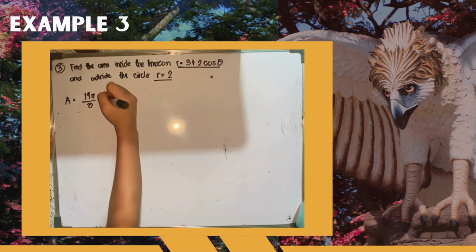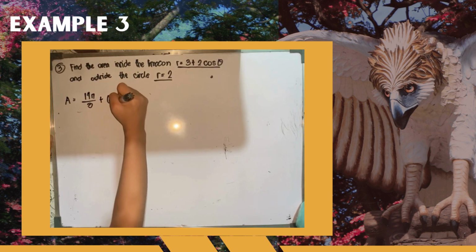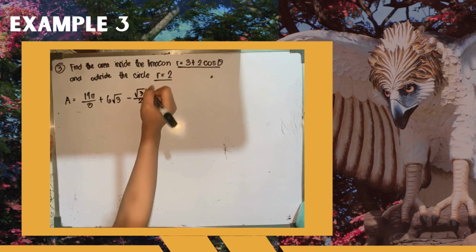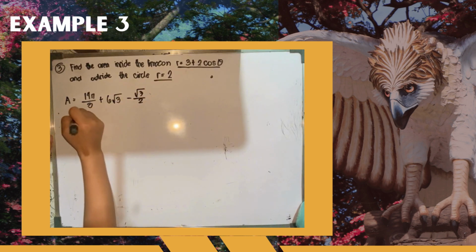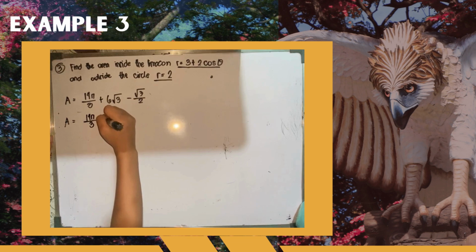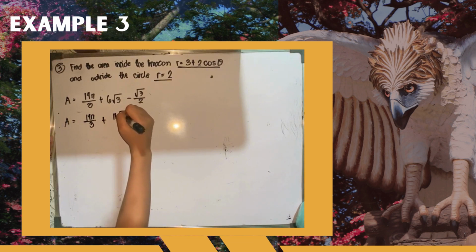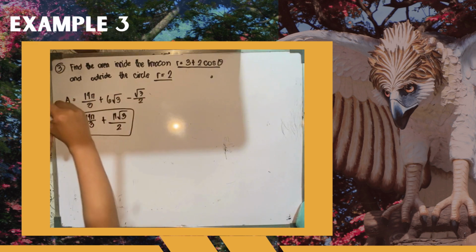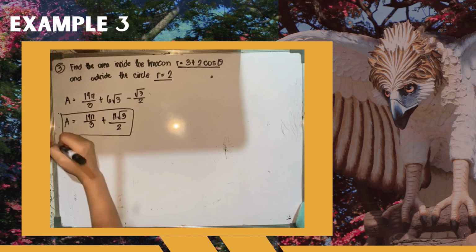Area is equal to 14 pi over 3 plus 6 square root of 3 minus square root of 3 over 2. So we will get area is equal to 14 pi over 3 plus 11 square root of 3 over 2, our final answer.